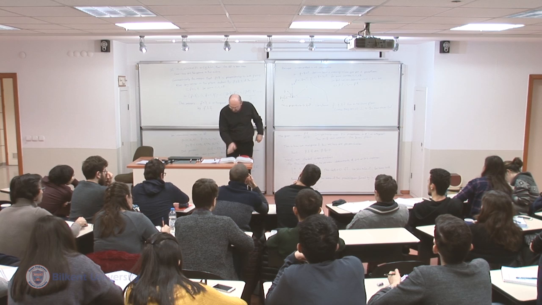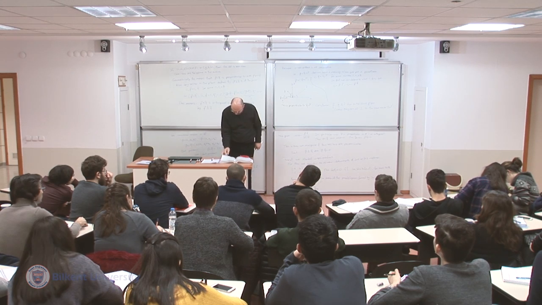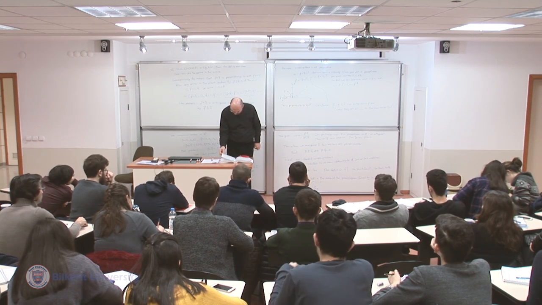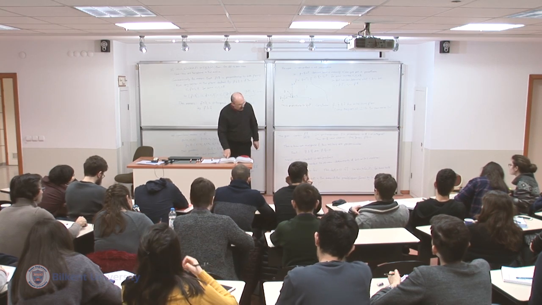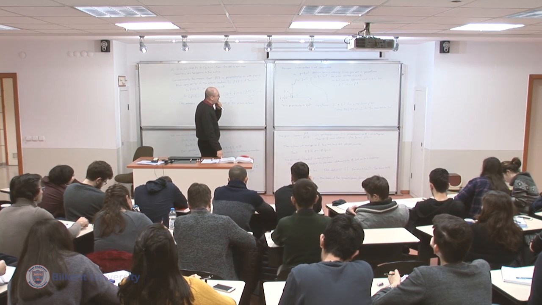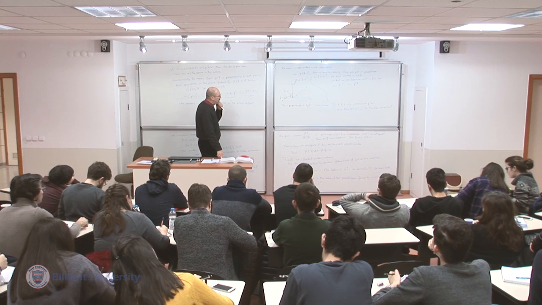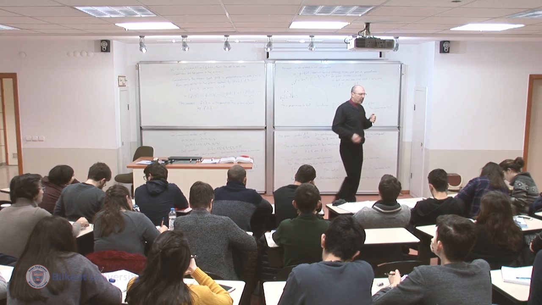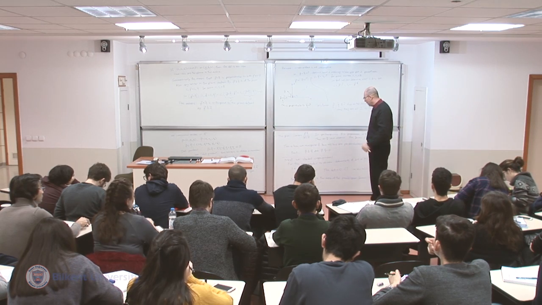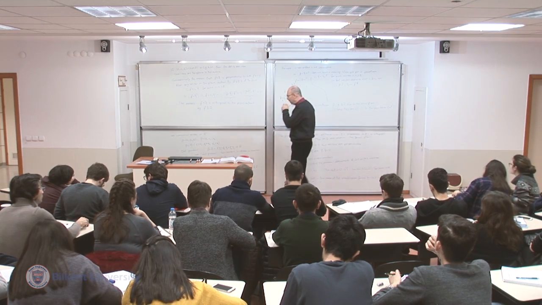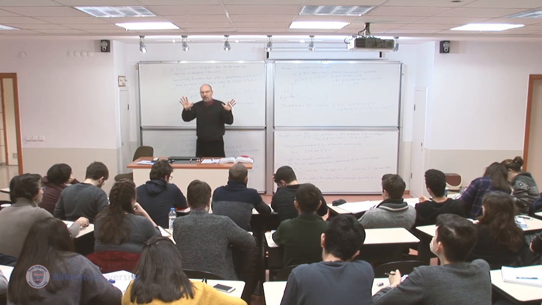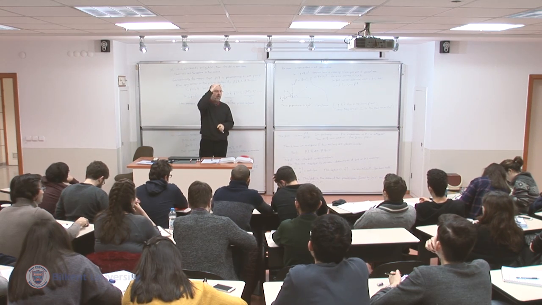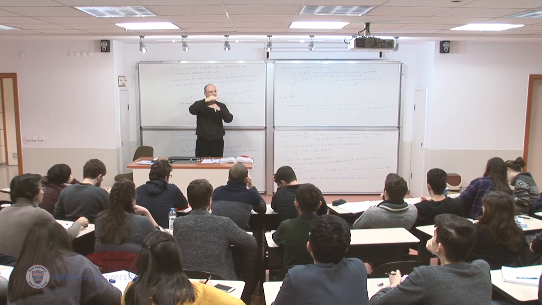Okay, so maybe we can do some examples. Let's see. Another obvious thing about cross product is, when is the cross product 0? Again, cross product is given as a determinant. In the first row you have i, j, k, and then you have two vectors here.